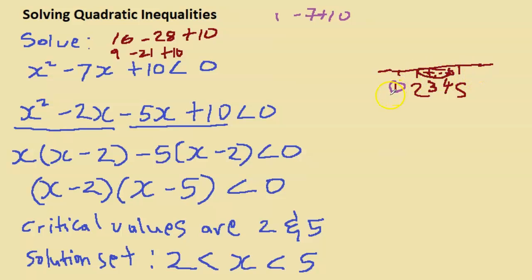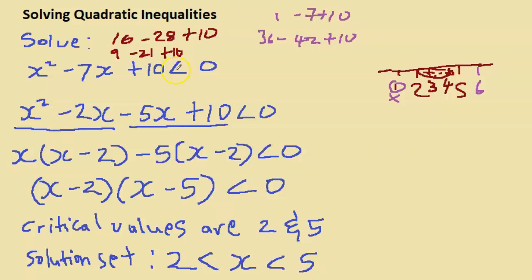Let's try 6. If I try 6 squared, that's 36. Minus 7 times 6, that's minus 42. Plus 10, let's calculate this. The 36 and the 10 would give me 46. 46 minus 42, that's positive 6.